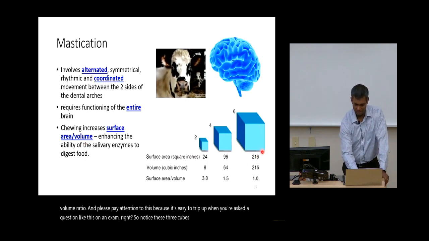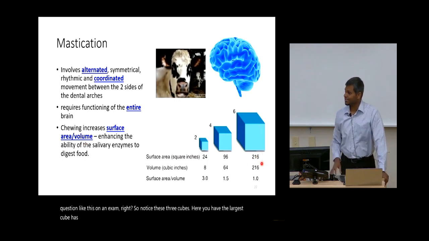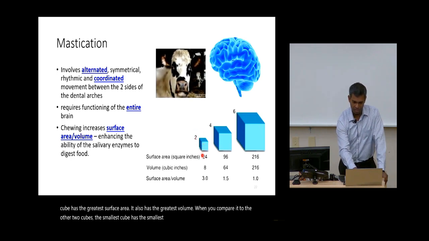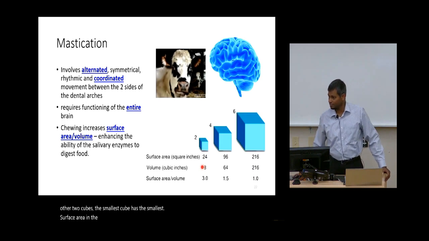You have the largest cube, it has the greatest surface area. It also has the greatest volume when you compare it to the other two cubes. The smallest cube has the smallest surface area and the smallest volume.